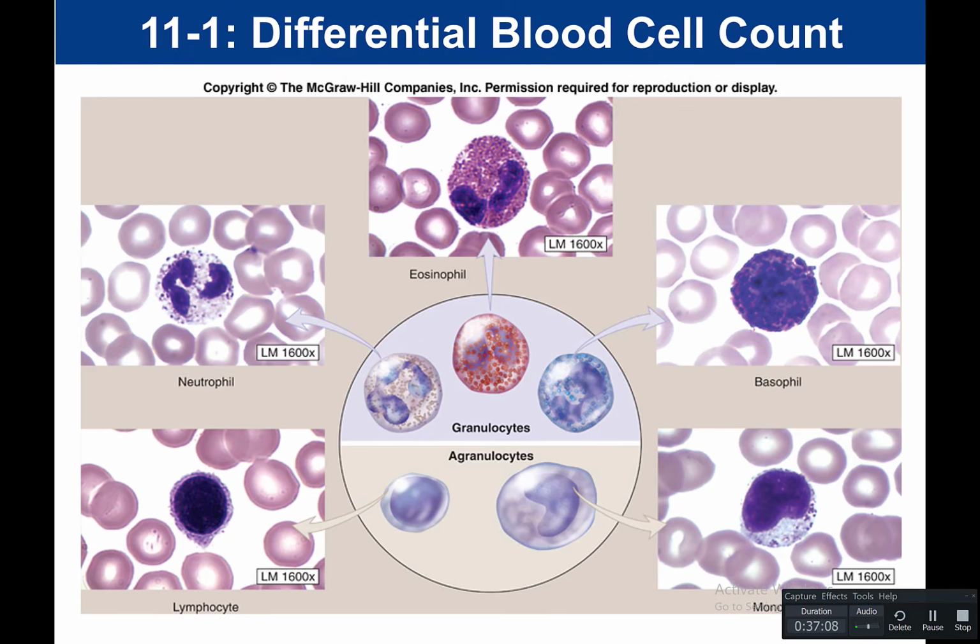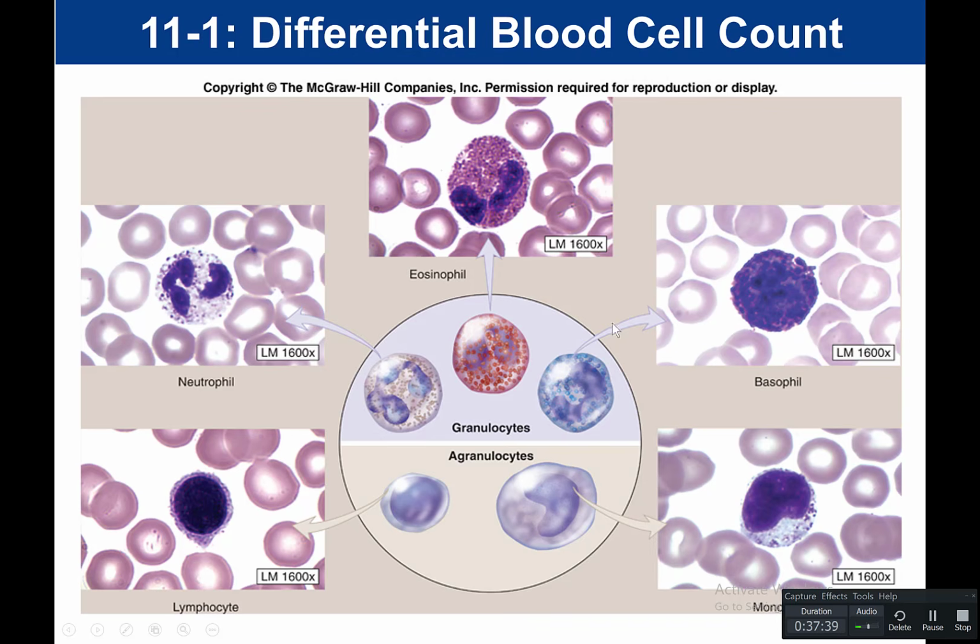This is just to help you identify some of the different types of white blood cells. So again, eosinophils, we're looking for these dark red stained granules. Basophils have these dark purple granules. The lymphocyte, notice that these are to scale. Look how much smaller the lymphocyte is relative to the basophil. Students sometimes have a hard time telling whether these purple dots are the nucleus or whether they are granules.